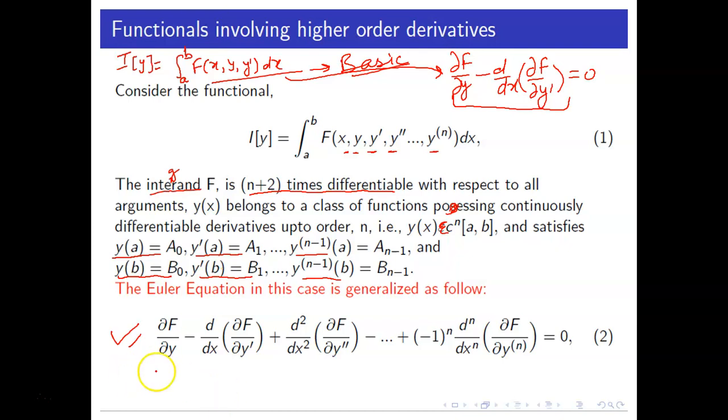Accordingly this Euler equation can be reduced. For example, generally you will have differentiation up to order 2, meaning n equal to 2 here. Then for n equal to 2, how do we get this equation?